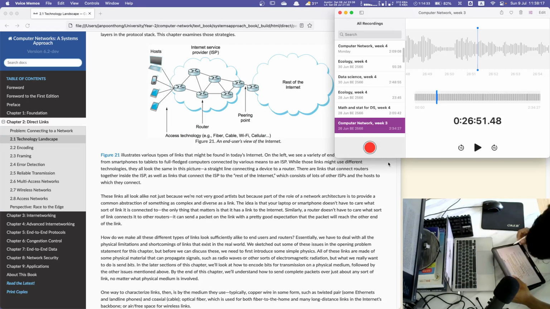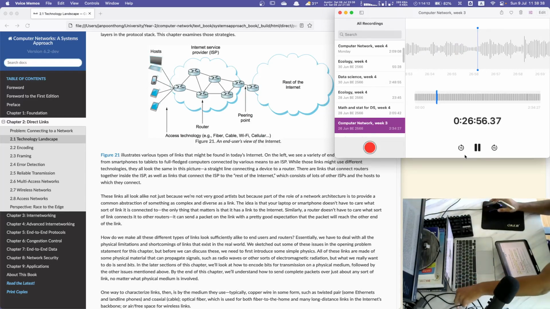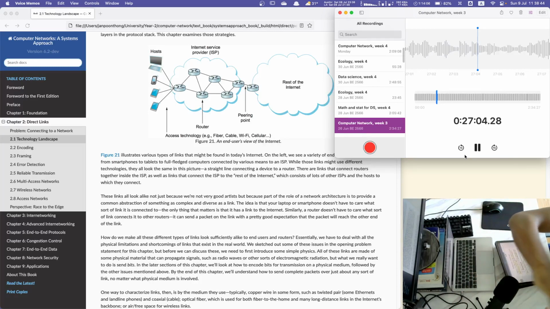How do we make all of these links to the end user and router look efficient? Now you care what sort of link connects into other routers. Your router doesn't need to care, right? Because all the routers follow the protocol, whatever signal comes, it will transmit.